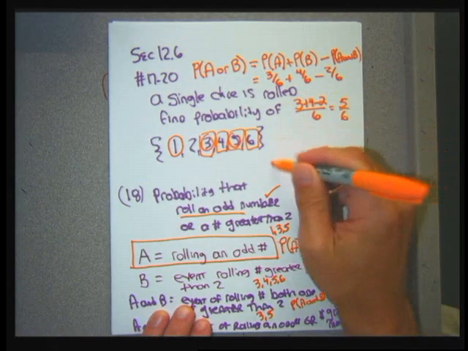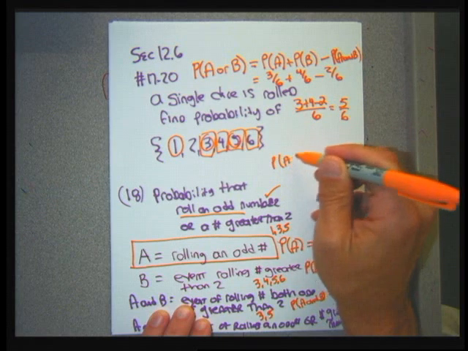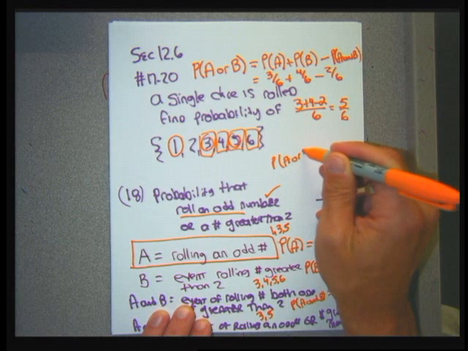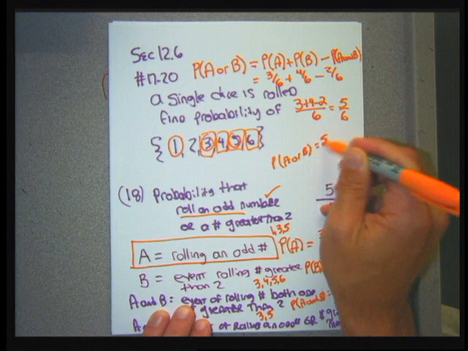And this says the probability of rolling an odd number or a number greater than 2 is 5 out of 6.